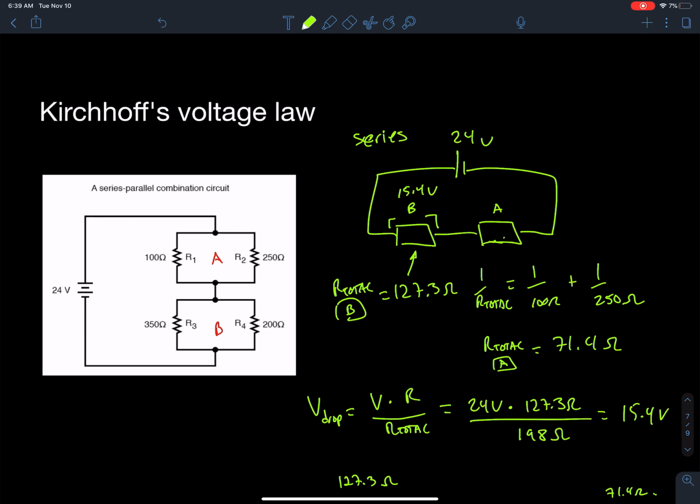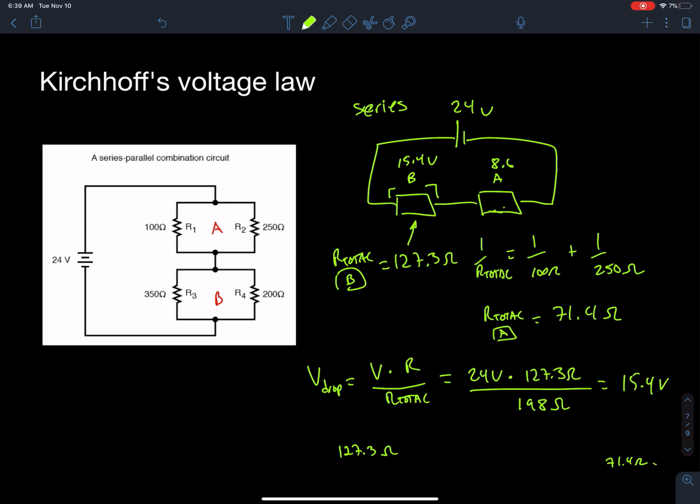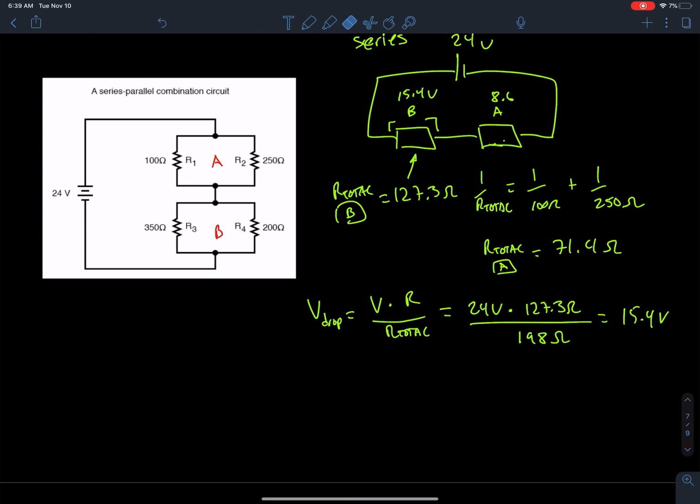And to find out how much is going across A, there's two things I can do. I can take 24 minus 15.4, which would give me how much it is, or I can apply this same relationship. So if I took 24 minus 15.4, I can see that the voltage drop here will be 8.6. I just want to confirm it by using that relationship that we have here.